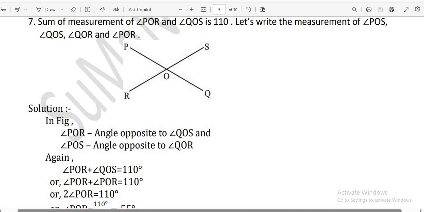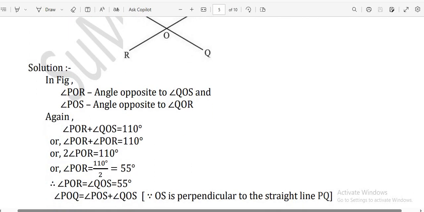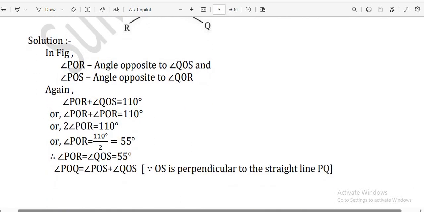So angle POR plus angle POR is equal to 110 degrees. Two times angle POR is equal to 110 degrees, or angle POR is equal to 110 degrees divided by 2, which is 55 degrees.